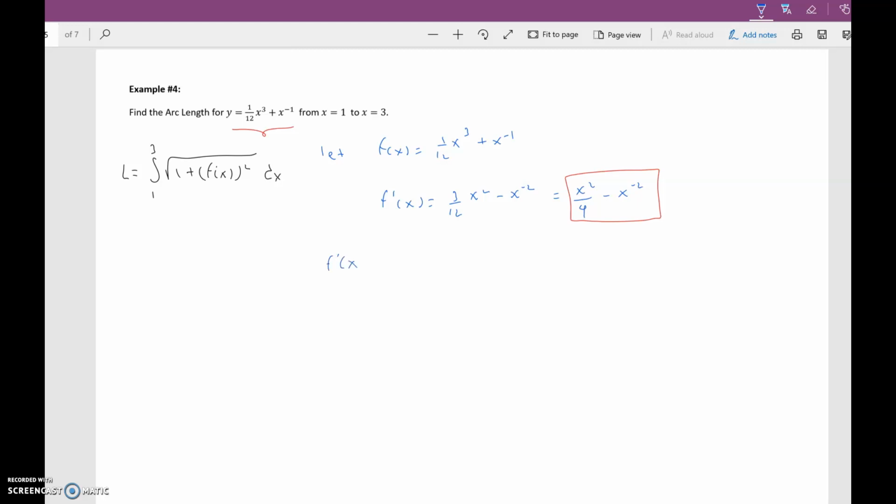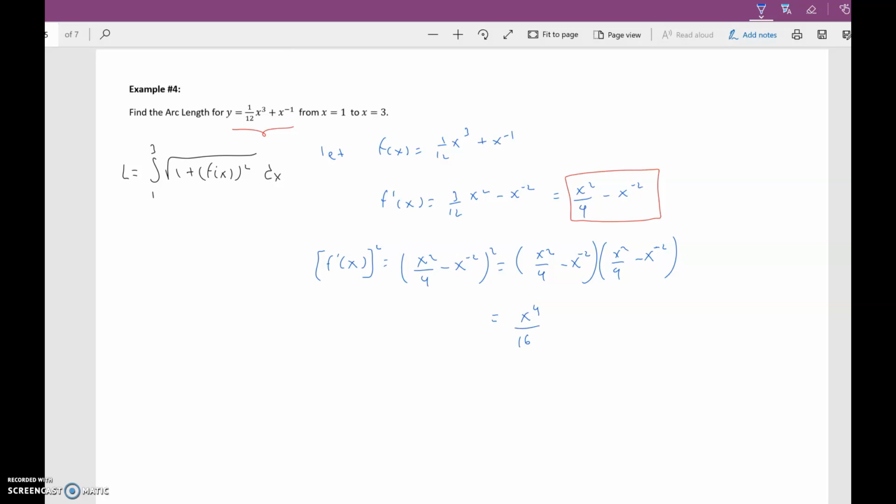So f prime of x technically squared actually means x squared over 4 minus x to the negative 2, squared, which means that we're multiplying x squared over 4 minus x to the negative 2 by x squared over 4 minus x to the negative 2, which is going to give us an x to the 4 over 16.